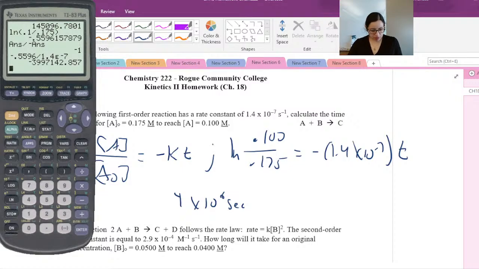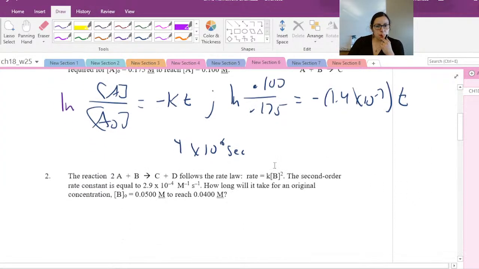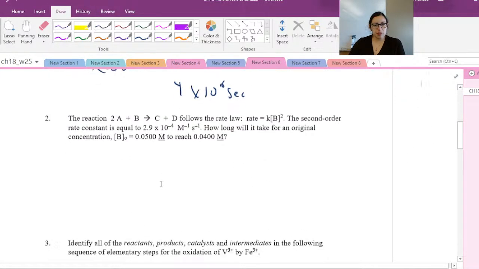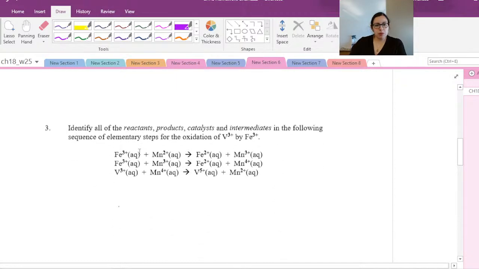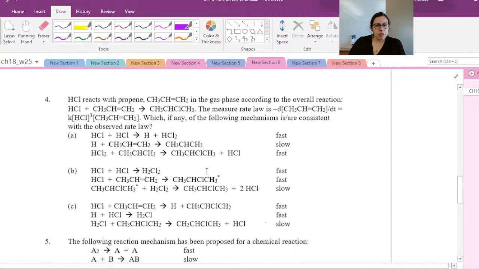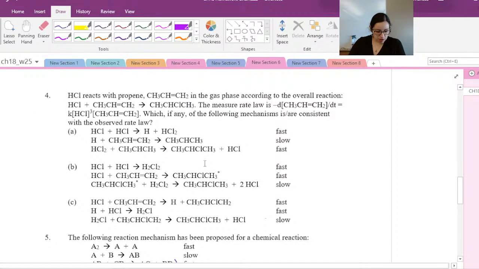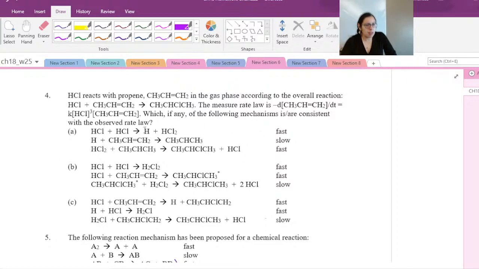Other questions? All right, let's skip down. I think that was a good warm-up, but a lot of this, or at least 2, should also be more Chapter 17. Let's look at some of these reaction mechanisms, because these are a little trickier. Let's start off with 4 here.